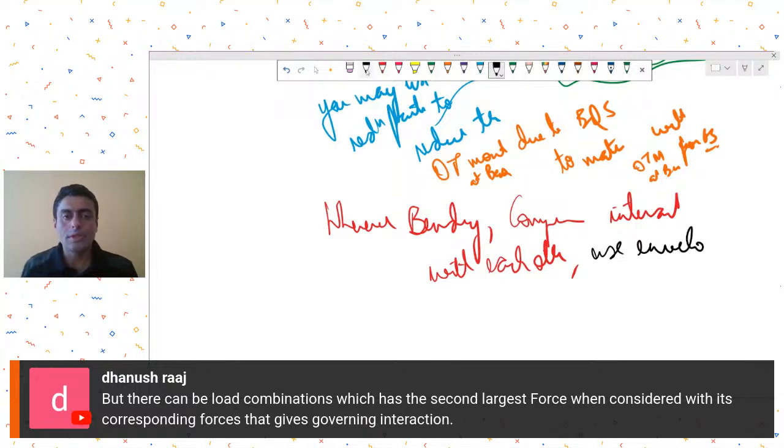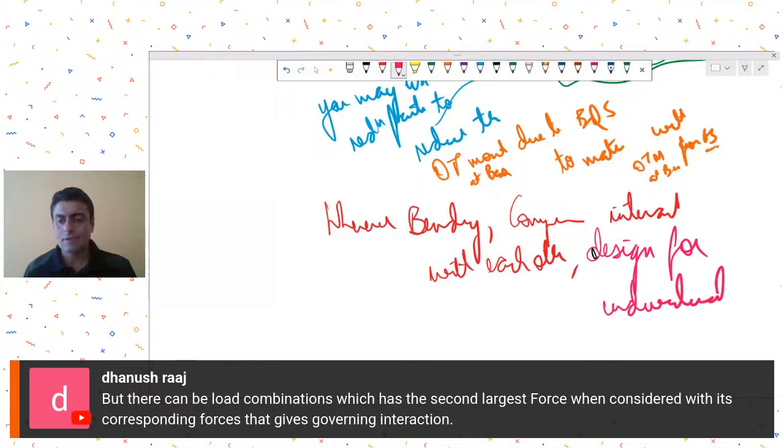Oh, sorry, don't use the envelope procedure. Design for individual load combinations. So for columns and footings, your compression and bending moments interact with each other.